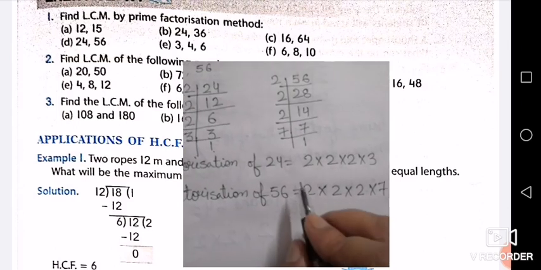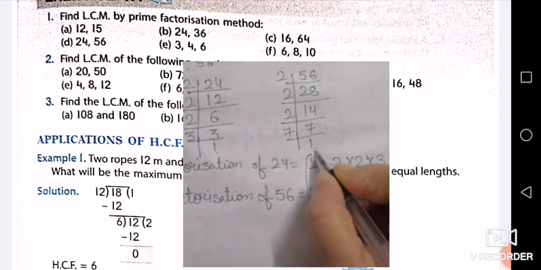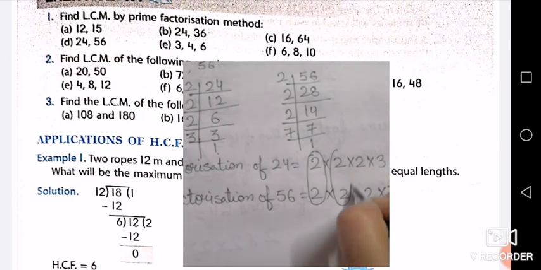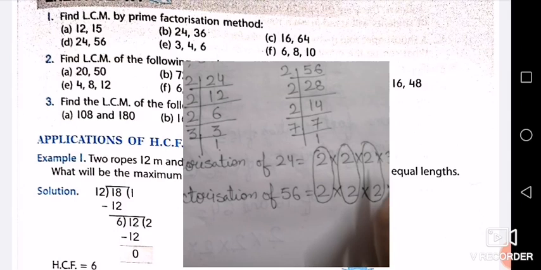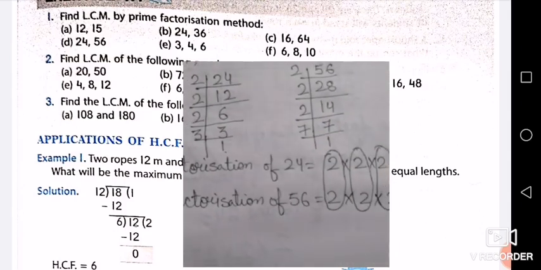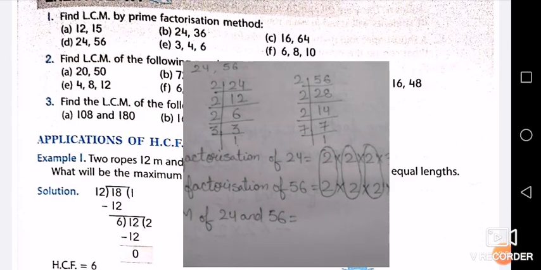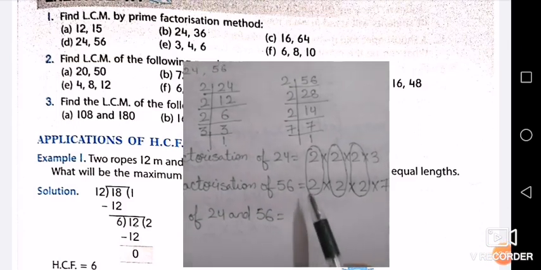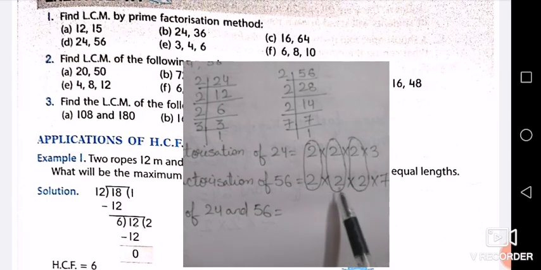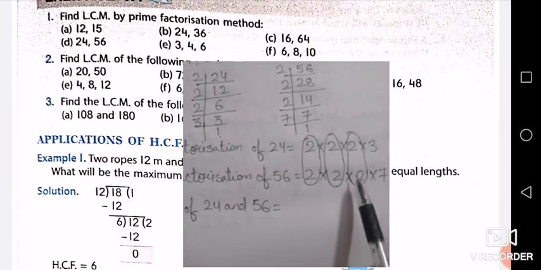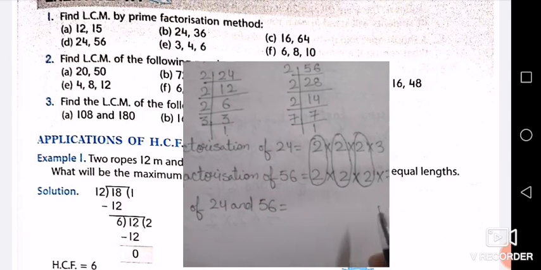Now here you can see that in this we have 2 2s and 3, 2 2s are common, and apart from these two we have 3 and 7.